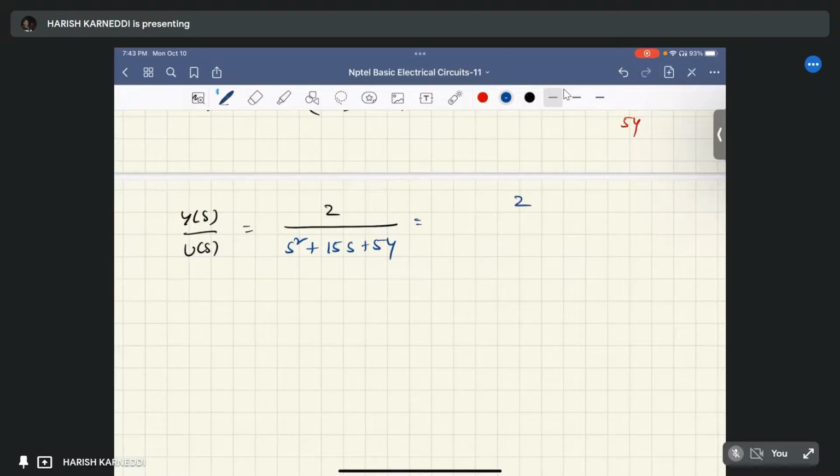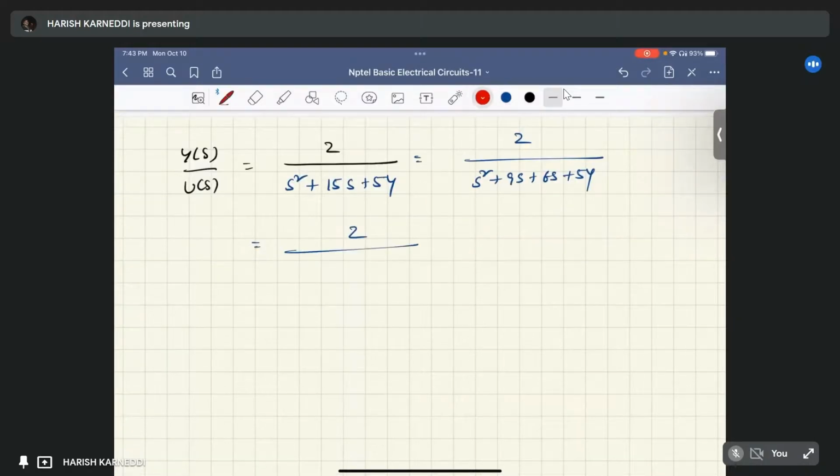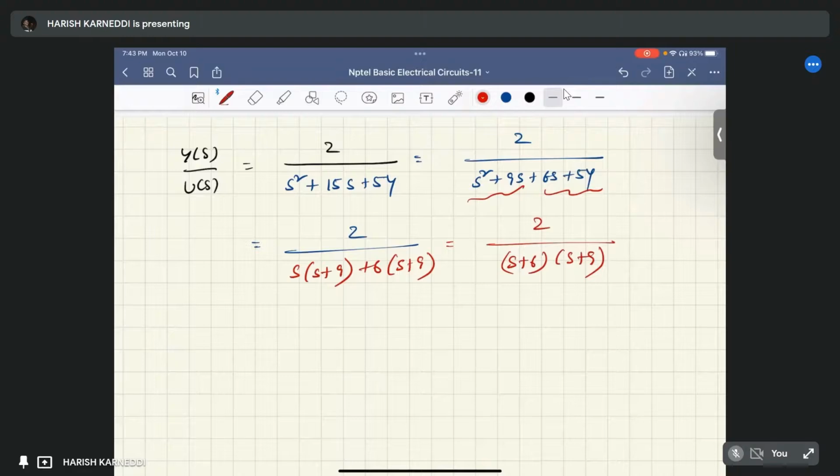We can write s square plus 15s plus 54 in terms of s square plus 9s plus 6s plus 54. So 2 by, you can take common s in the first two terms, that is s plus 9, and common 6 in the last two, that is s plus 9. It will be 2 by (s plus 6) into (s plus 9). Now take common 6 and 9.